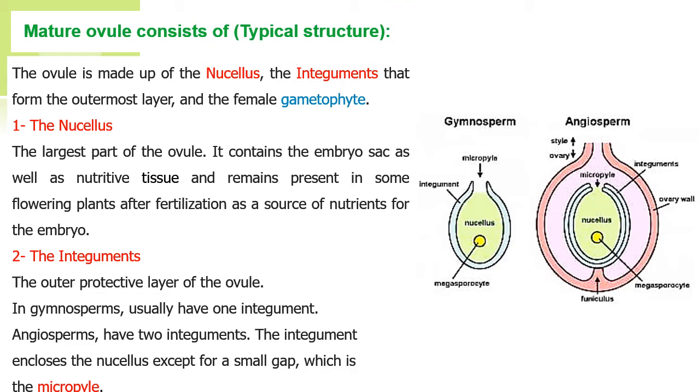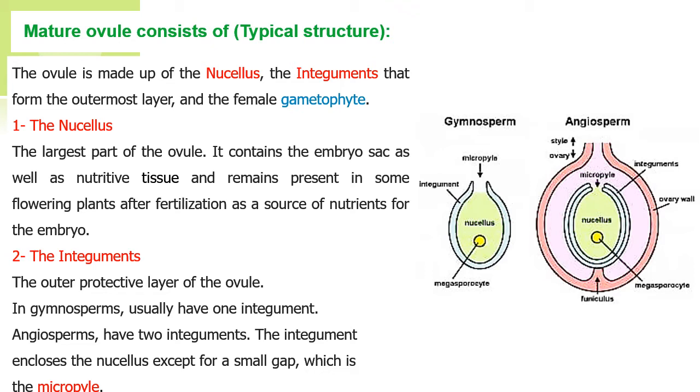The nucellus is the largest part of the ovule, containing the embryo sac as well as nutritive tissue, and remains present in some flowering plants after fertilization as a source or reservoir of nutrients to provide the embryo with nutrients. This is the nucellus, the main part of the ovule, containing nutritive or stored nutrition for the embryo.